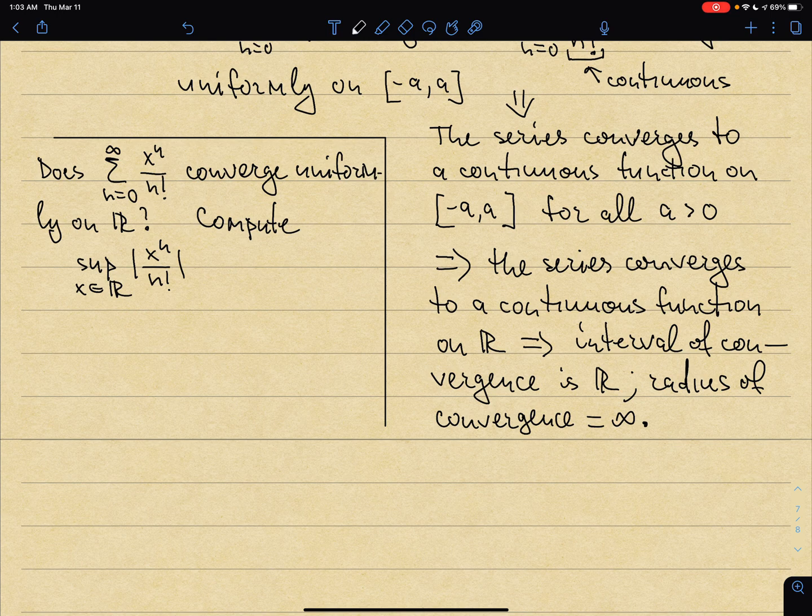Well, what is the supremum of x to the n? It doesn't matter what n factorial is, it's just a constant. What's the supremum of x to the n on the entire real line? It's infinity. And because it's infinity, it is not true that the supremum goes to 0 as n goes to infinity. And so therefore we conclude that the convergence is not uniform.